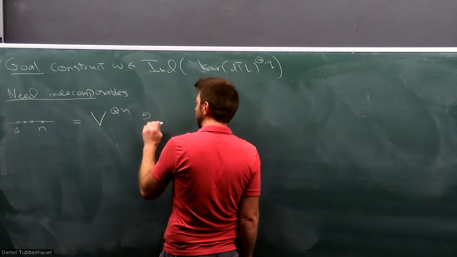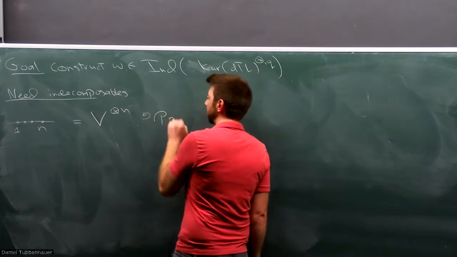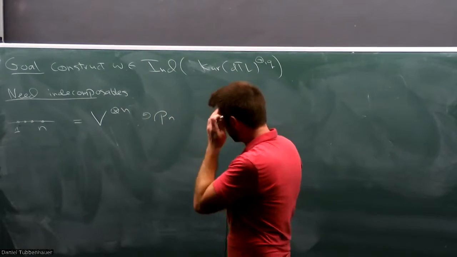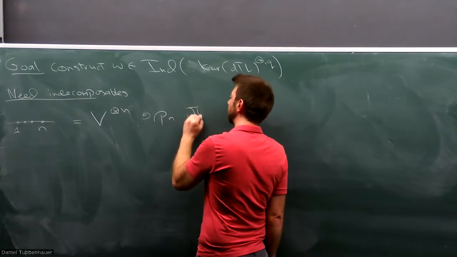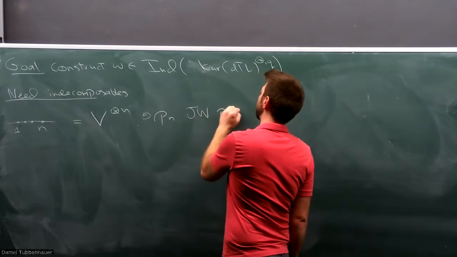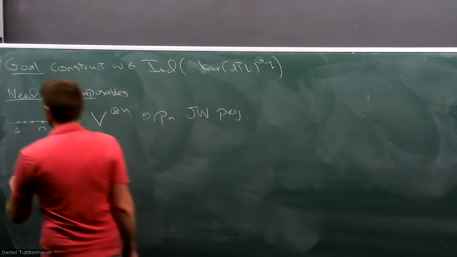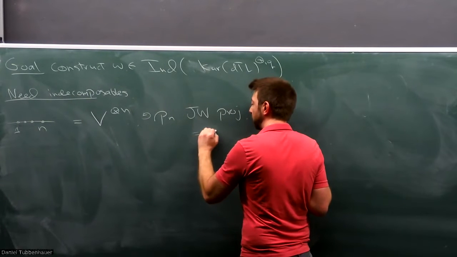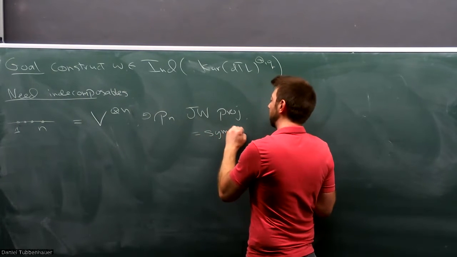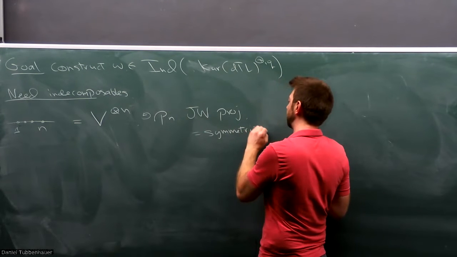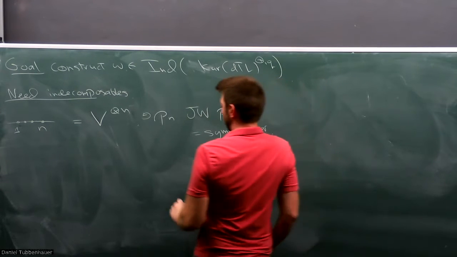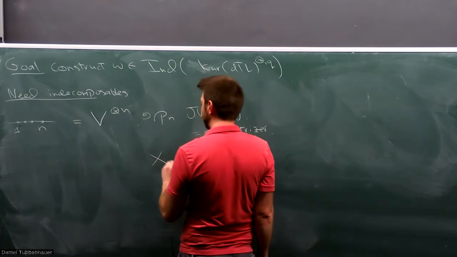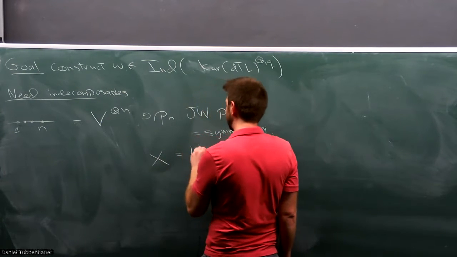This guy has an idempotent acting on it, a projector acting on it, which is an analog of the Jones-Wenzl projector. Let me just say this is really just the symmetrizing idempotent. It's the symmetrizer, where the symmetric group action is determined by the equation.